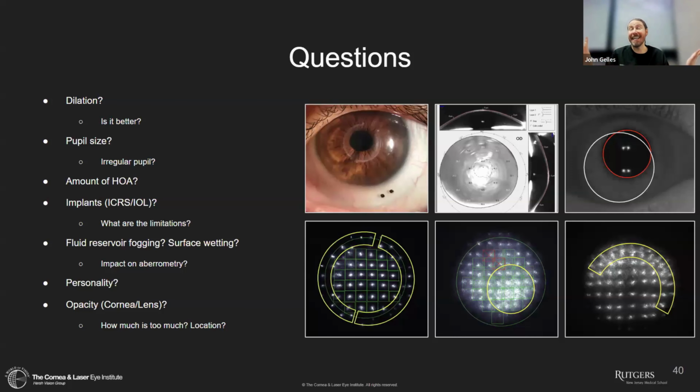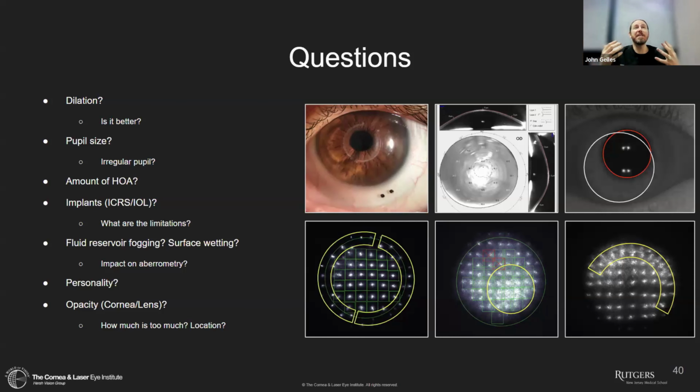So we see about a line and a half of visual acuity improvement, about a 55 to 60% reduction in aberrations. What happens with fluid reservoir fogging? So fogging behind the lens, surface wetting, what's the impact on the aberrometry from that? I do see a reduction in the performance if we have surface wetting issues, but reservoir fogging doesn't seem to impact the result as much.